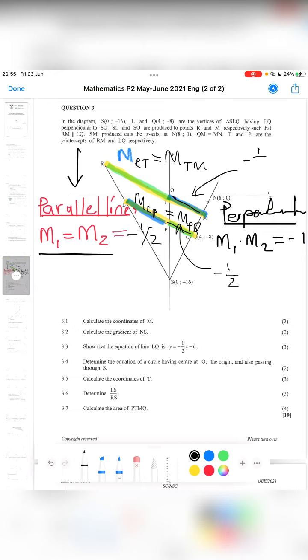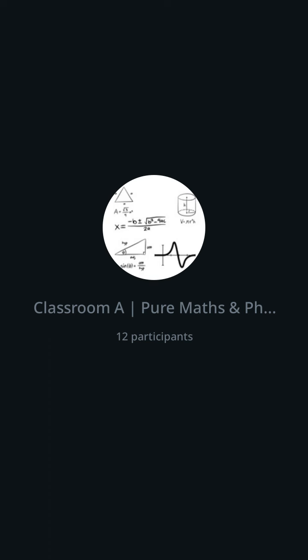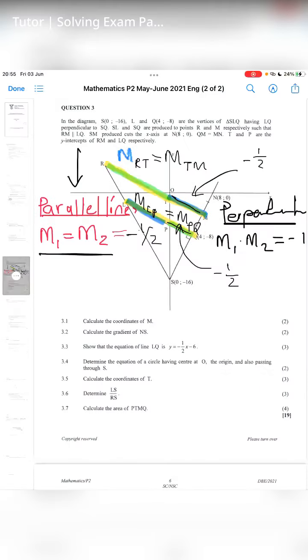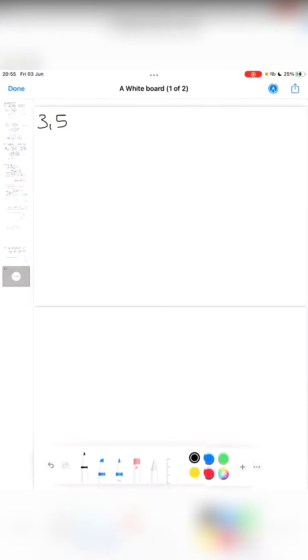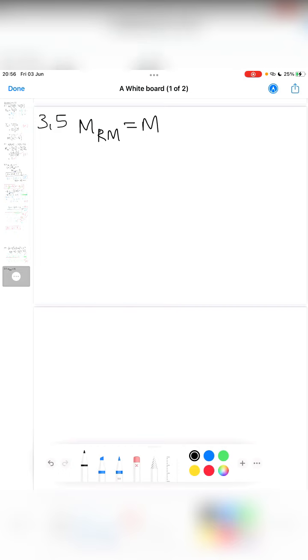So this is all that you needed to know regarding a parallel line. Now let's try to answer that question so that it makes sense. So 3.5, what you do, you say the gradient of RM is equal to the gradient of what is it?